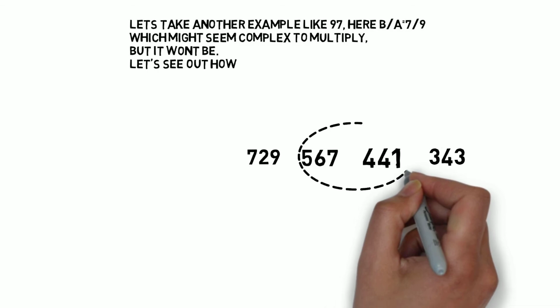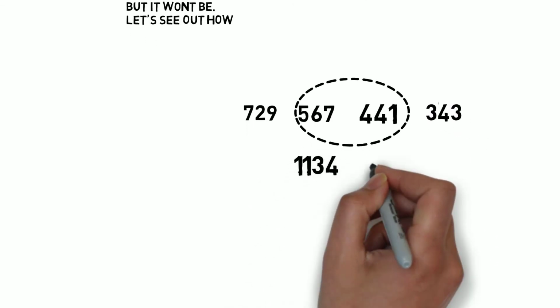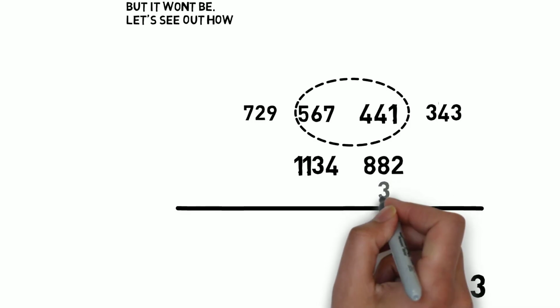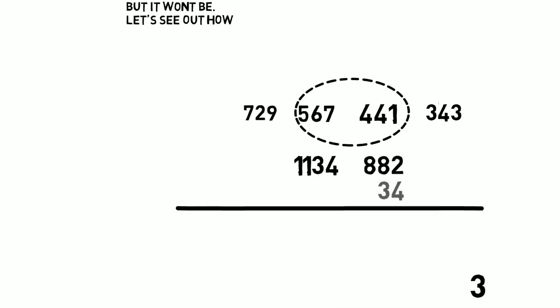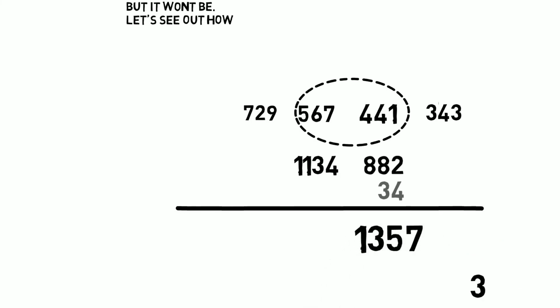We double the two middle numbers, which are 567 and 441, giving 1134 and 882 respectively. Lastly, adding up the numbers, we bring down 3 and carry over 34. Adding up 441, 882 and the carried over 34 gives us 1357.